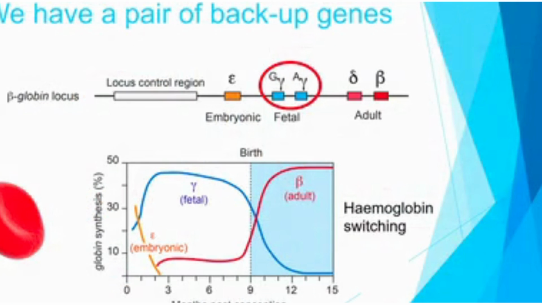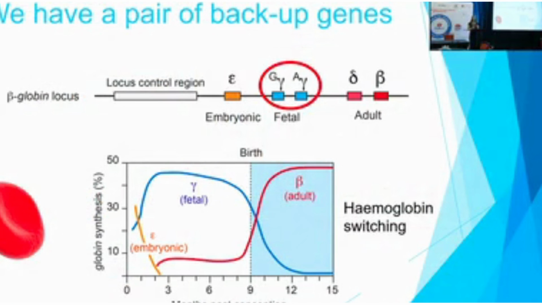One of the things we're really interested in our research is that we actually have backup genes. I've circled here at the top the fetal hemoglobin genes. There's a process called globin switching, and we actually undergo two globin switches in our lifetimes. Firstly, you can see the embryonic globin, shown in orange, which is expressed when you are an embryo.